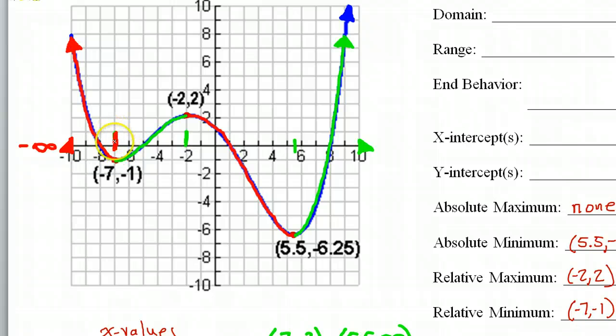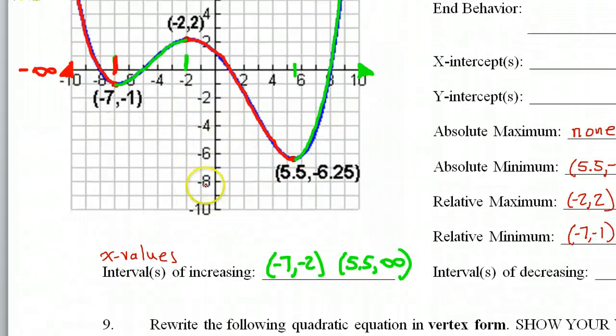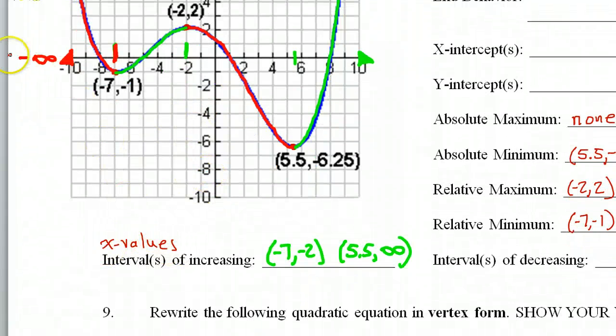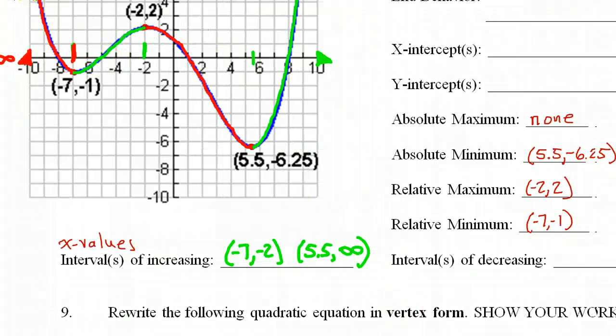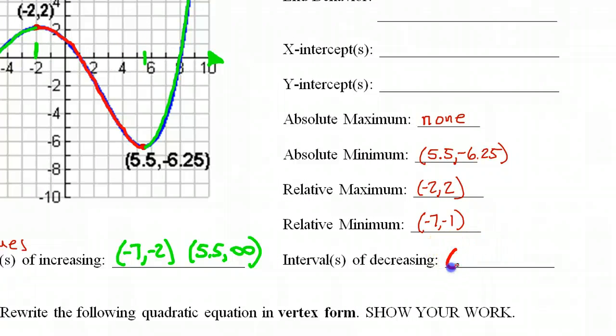That's negative infinity to negative 7. If you were tempted to say something about negative 1, the mistake you're making is you're looking at the y value. But these intervals are strictly x values, so negative infinity to negative 7. So that's my first decreasing interval, negative infinity to negative 7.